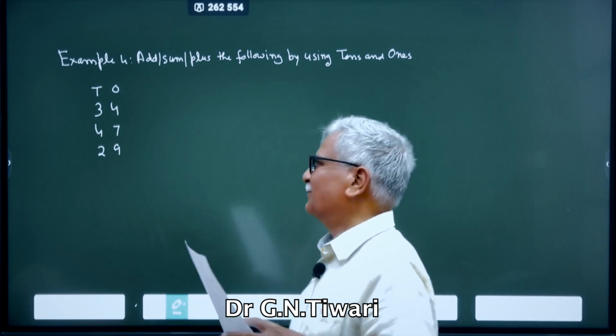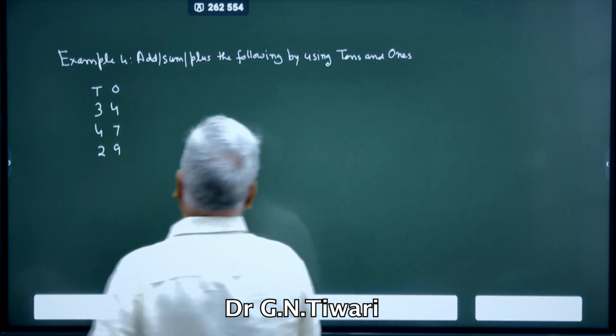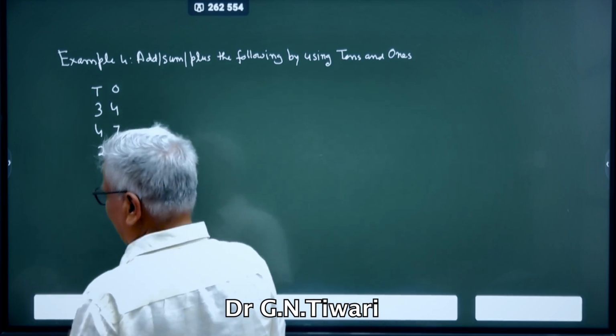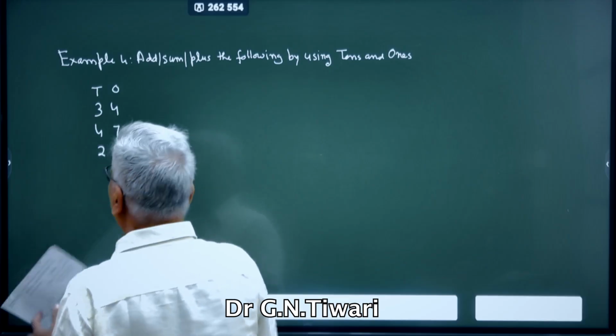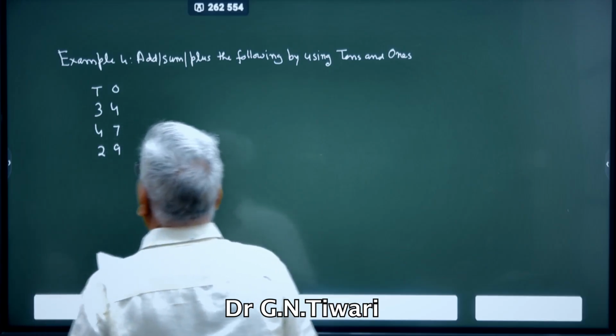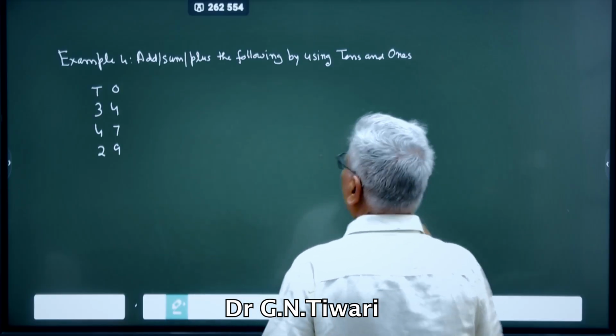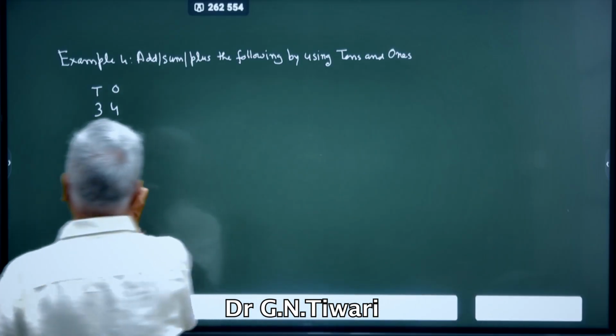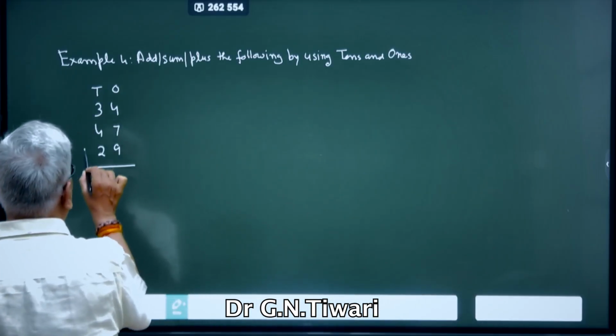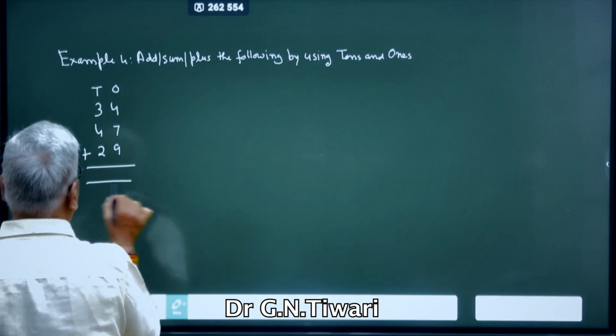This is also 3 two-digit numbers. Be careful. So how can we do the sum? Before that, I am just putting plus, and here you have to sum.